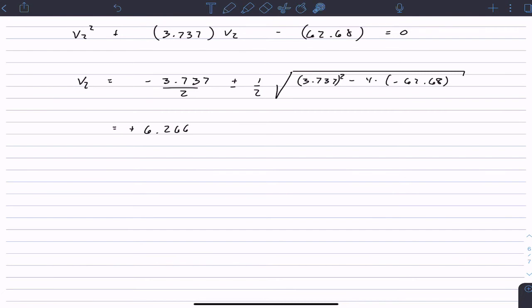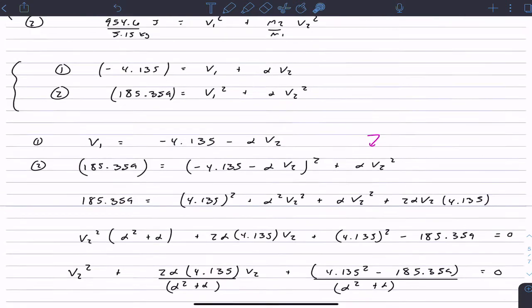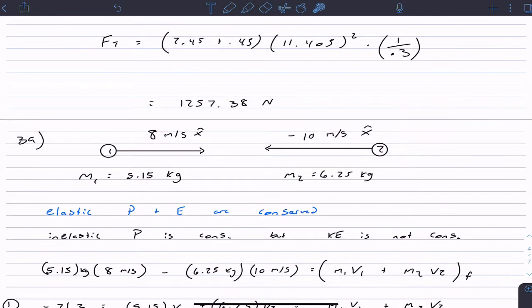Okay, so I plugged in the values, and I ended up with two values, positive 6.266 and negative 10.003. Okay, and let's recall what it is we're looking at here. These are velocities in the x-hat direction, right? Because we have two particles that are flying towards each other in the x-hat direction head-on. So that means they're going to fly back in the opposite direction because we're told this is elastic.